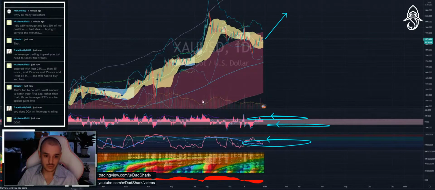Leverage trading is great. You just need to follow trends. I mean, yeah. This is a trend-defining pivot. That's it.